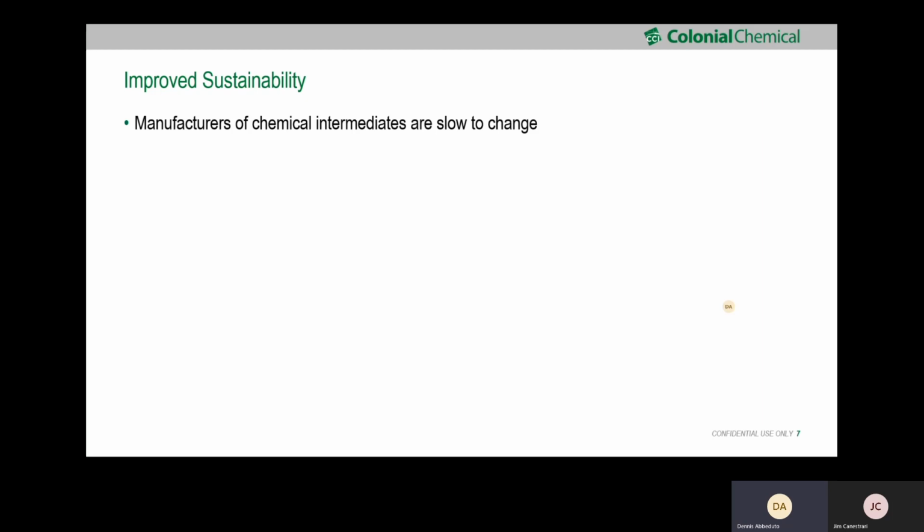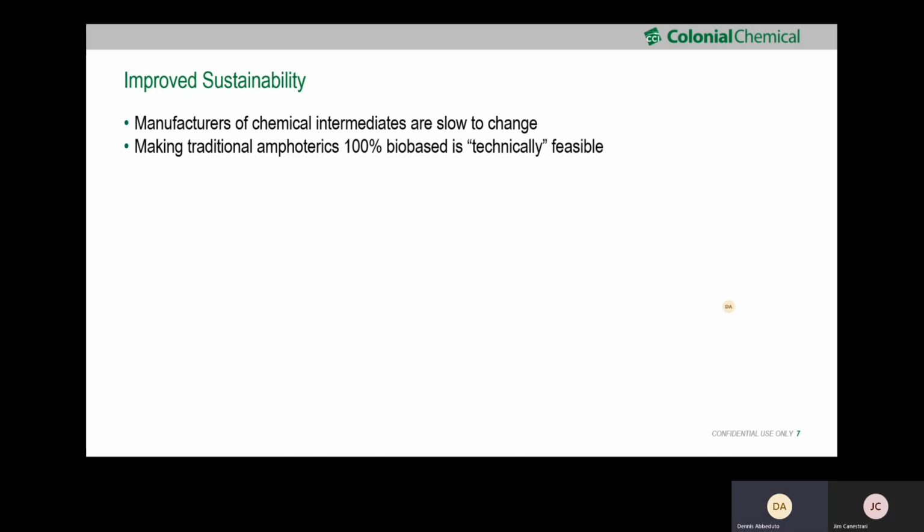So, in terms of improving sustainability of surfactants, we know that manufacturers of chemical intermediates are typically very slow to change. The intermediates are going into a lot of different end-use products, and in a lot of cases, those end-use products are not as demanding of improved sustainability as we are in the personal care realm.